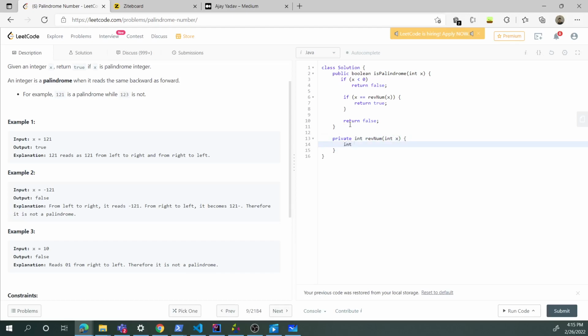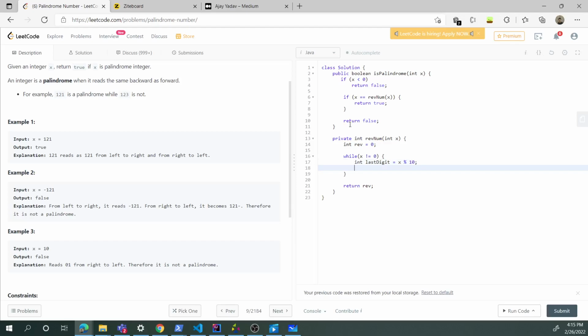Let's say int reverse is the result, initialized with 0, and we are returning the reverse. Now we have to reverse the number x and store it in reverse. So while x is not equal to 0, that is, as long as there is any digit in x other than 0, until the whole number is converted into 0, first we extract the last digit. How do we extract the last digit? x modulo 10 will give you the last digit.